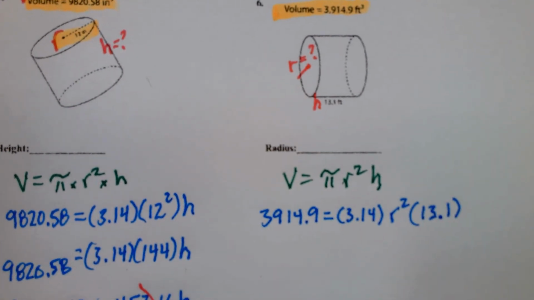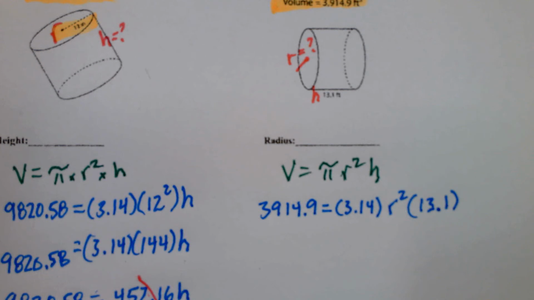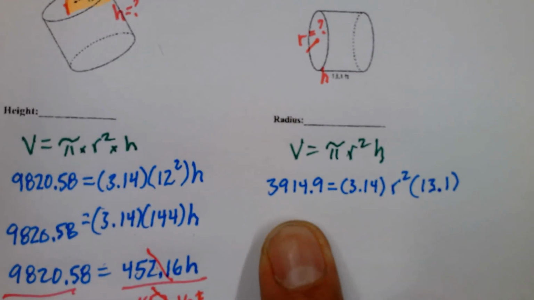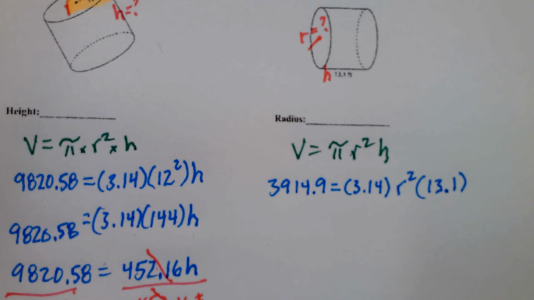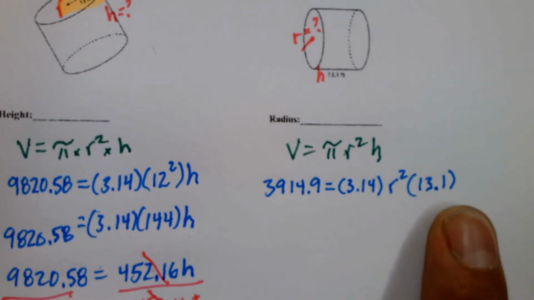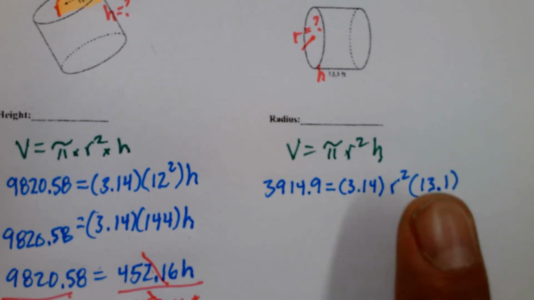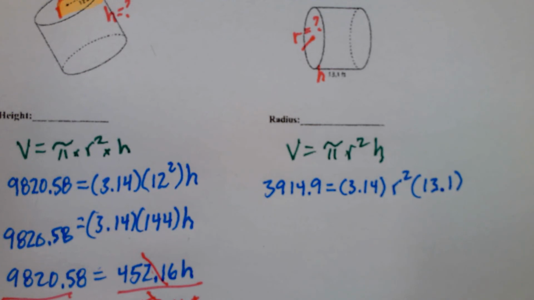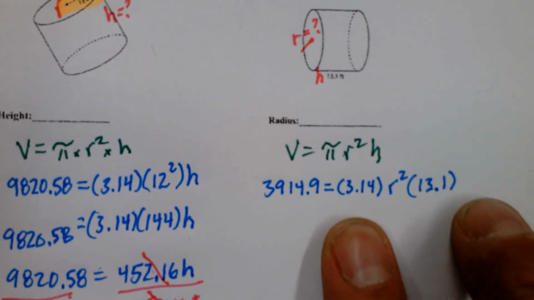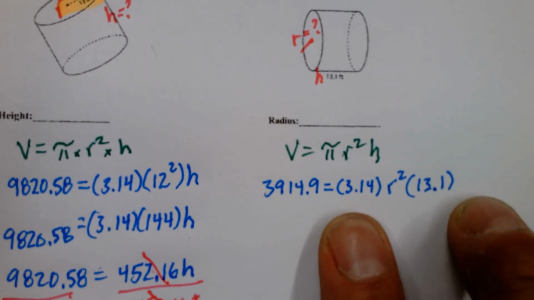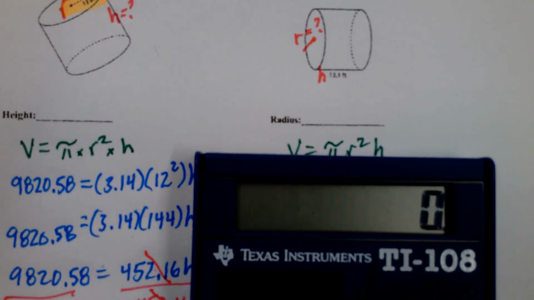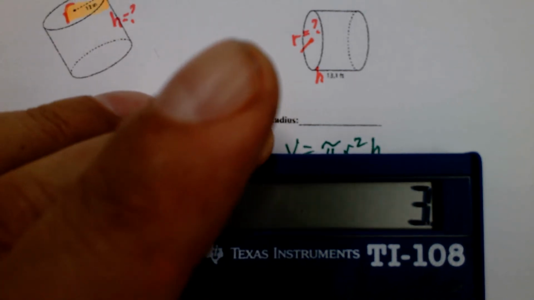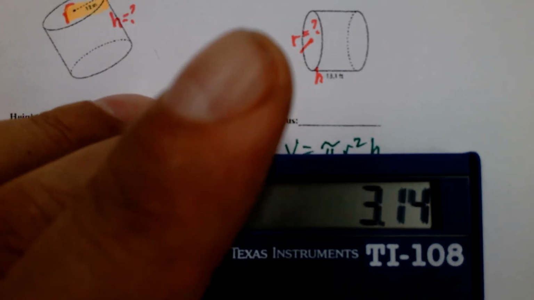Okay, so I got all these numbers. Look at the left side, nothing to work out there. What can I put together or simplify on the right side? I'll give you a hint: this is all multiplying. Yes, 3.14 times 13.1. Even though they're not next to each other, the commutative property says we can multiply them together.